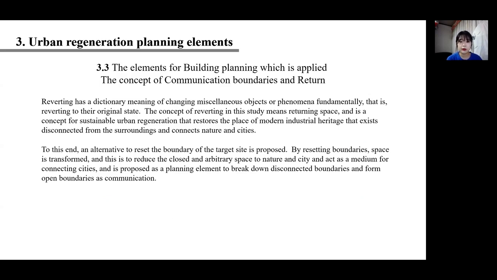The concept of reverting in this study means returning space, and is a concept for sustainable urban regeneration that restores the place of modern industrial heritage that exists disconnected from the surroundings and connects nature and cities.